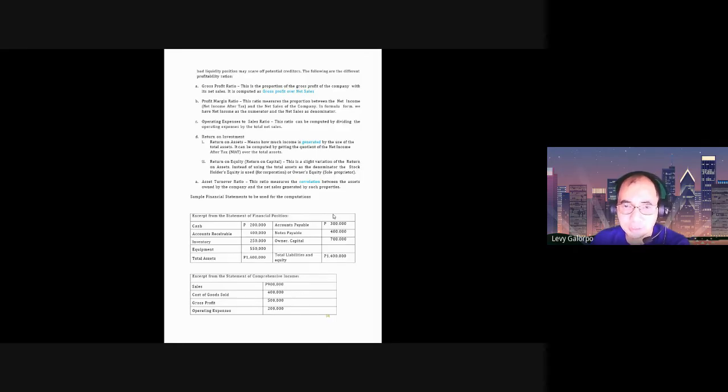We have cash, accounts receivable, inventory, equipment, payables, capital, and their totals. From the statement of comprehensive income, our examples are sales, cost of sales, gross profit, operating expenses, operating income, interest expense, and net income. Guys, when you compute these ratios, you should have the financial statement in front of you, because that is where you get the data you substitute into the formula.